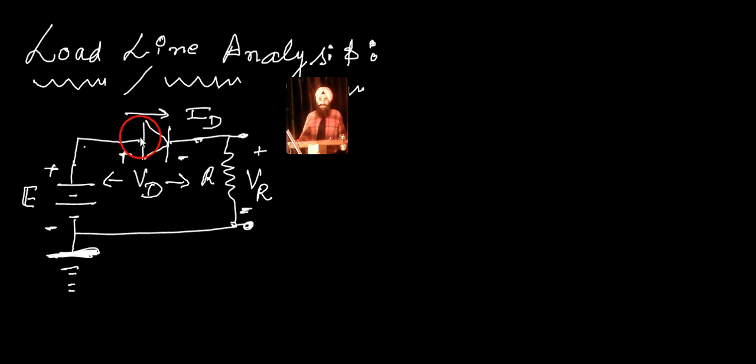Because the current is flowing along this direction, a voltage develops across the diode with positive end here, negative end here, and a voltage develops across R, positive end here and negative end here.